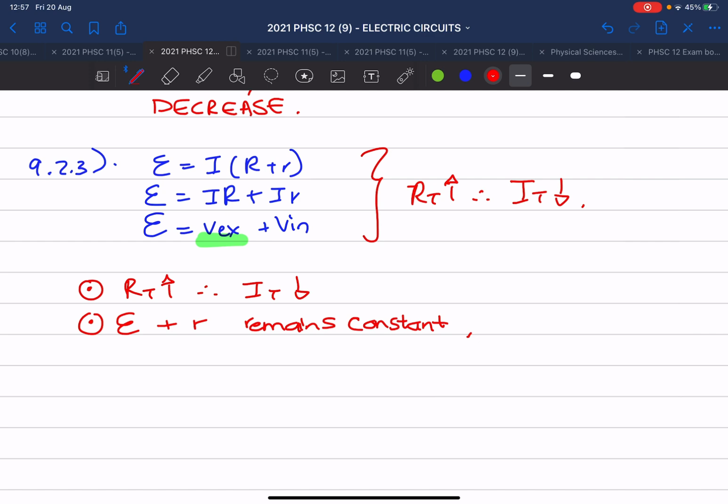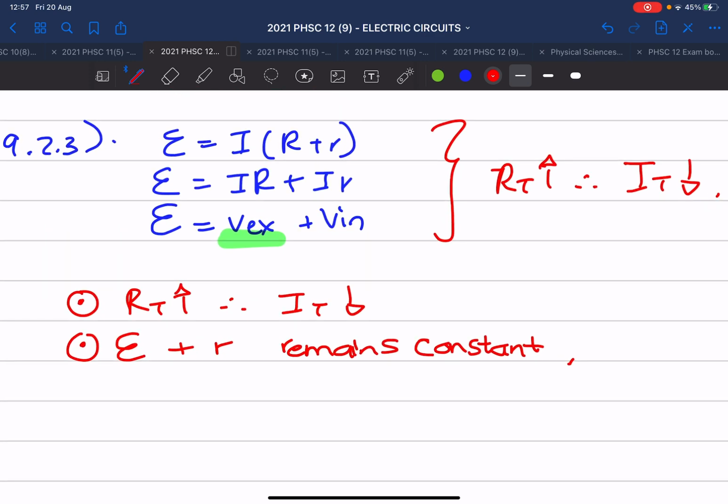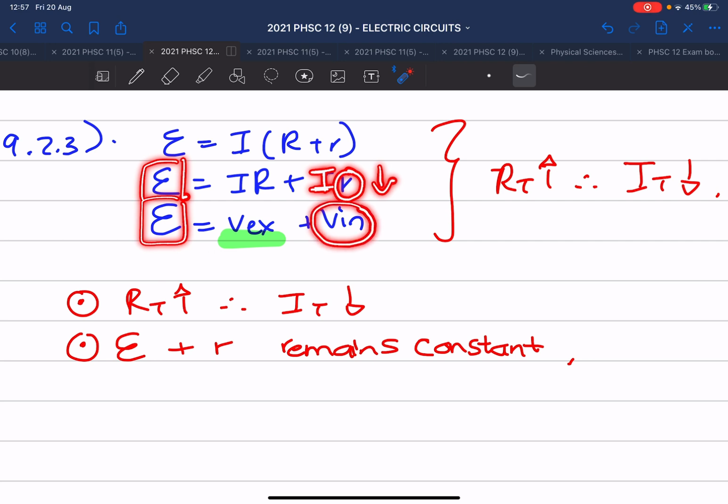Okay, now we want to look at the effect. So please look up here. That remains constant, but the current decreased. So what happened to the internal volts? It decreased.